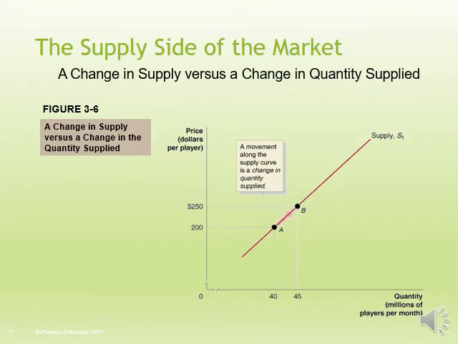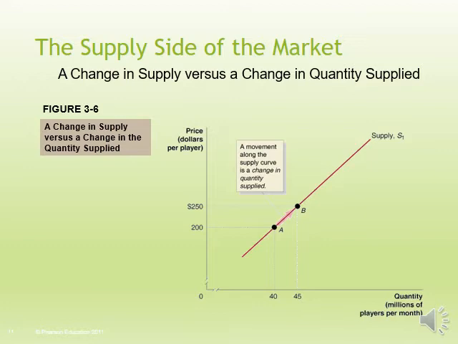But if the price were to increase to $250, the number of units that sellers are willing to supply is 45 million, and it moves up the curve. That is a change in quantity supplied, where a change in price moves the dot along the curve.